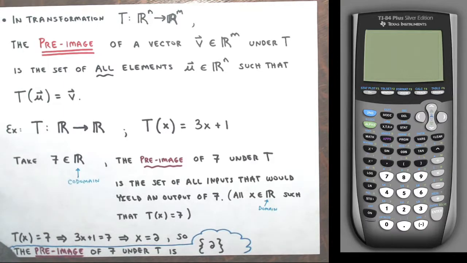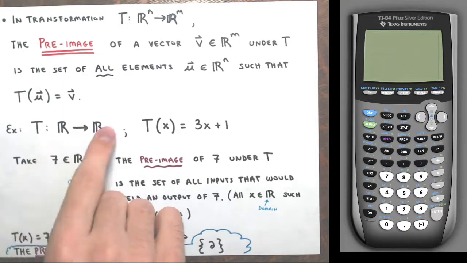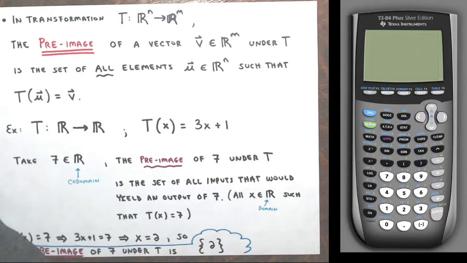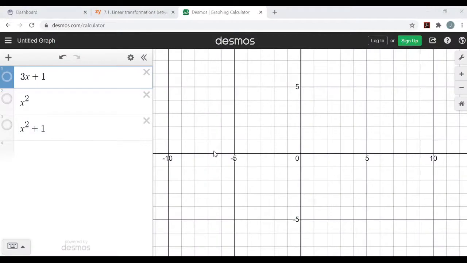Now the reason I'm doing this R to R operator here is because I want to show you a picture too. Back in algebra, pre-algebra, when you were looking at functions from real numbers to real numbers, you could picture those on the XY coordinate plane. This is that Desmos website, desmos.com, a free online graphing calculator.